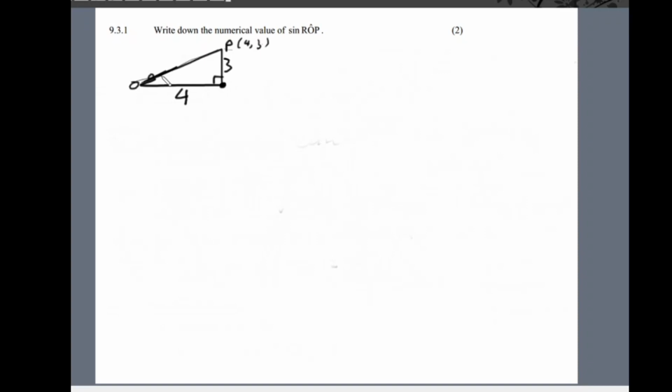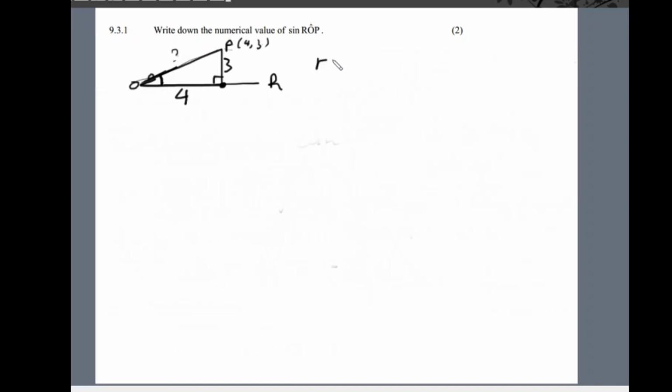So now we want sine ROP. So here we have R, and then we want the sine of this angle ROP, right? We know sine is opposite over hypotenuse, but we don't know the value of the hypotenuse.